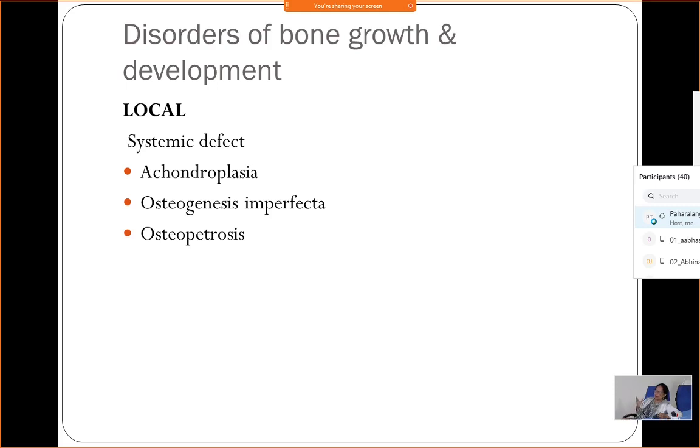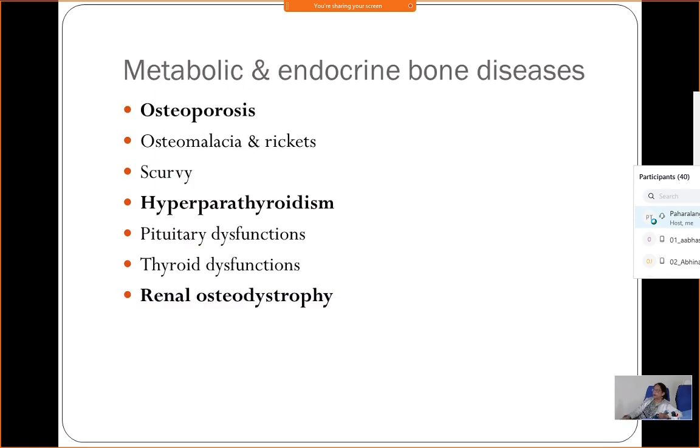It is heavily mineralized, that is why there is osteosclerosis, but the bone can fracture. So the other name for osteopetrosis is marble bone disease, whereas osteogenesis imperfecta is called brittle bone disease. In both there is a risk of fracture.